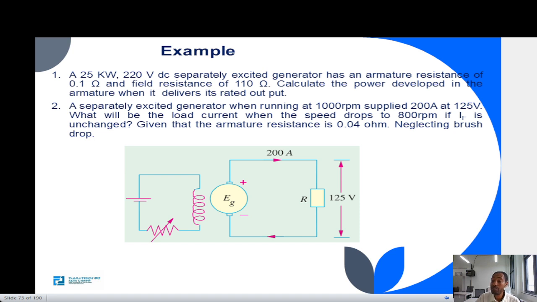It means the speed is dropped to 800, but IF is the same, so the flux inside the machine is unchanged. Given that the armature resistance is 0.04 ohm and brush voltage drop is neglected, what will be the load current is what it is asking.